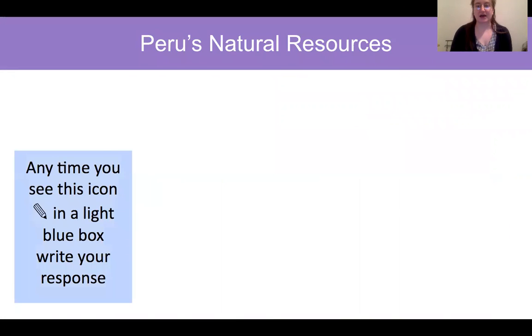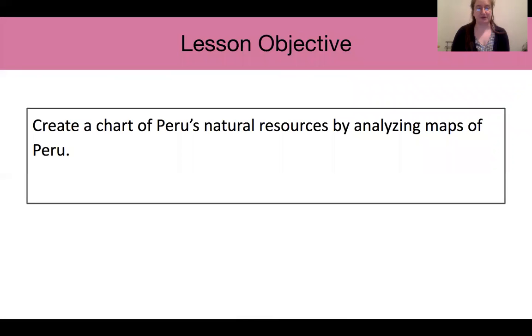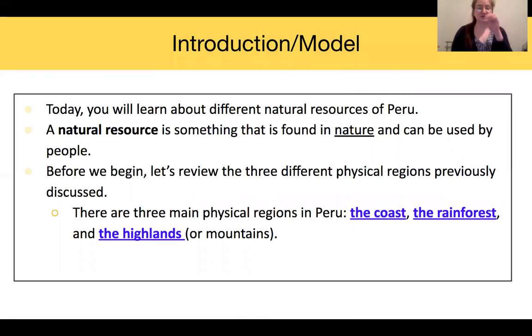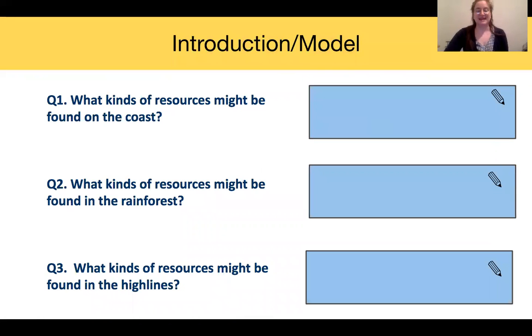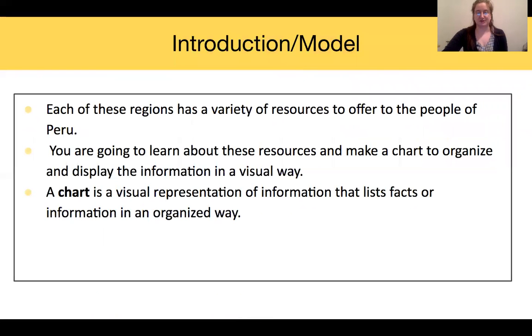Here's a different type of map. This is from a lesson looking at Peru's natural resources. And so this is, again, another type of map that you can have children analyze to think critically. So they're going to be looking at physical regions in Peru and then trying to imagine what resources you could get.